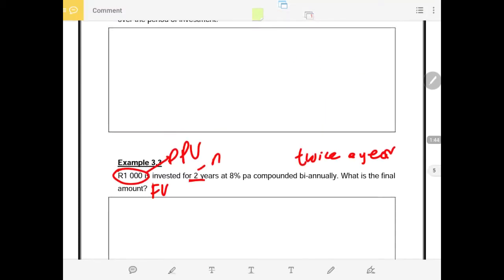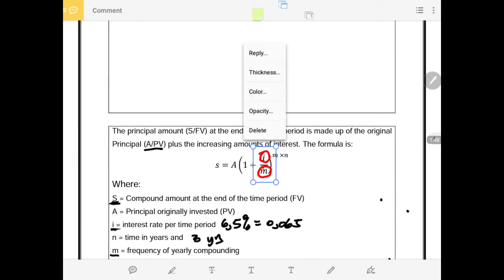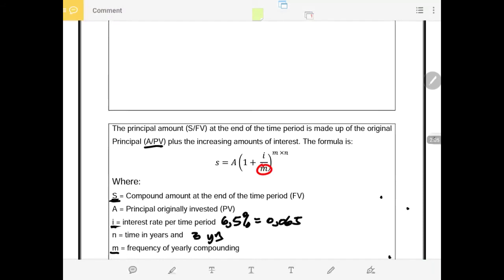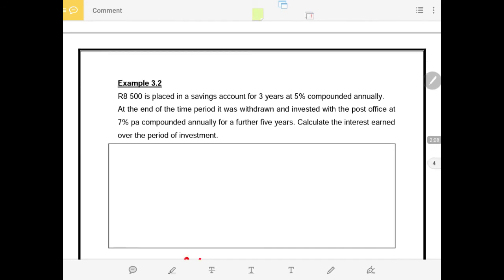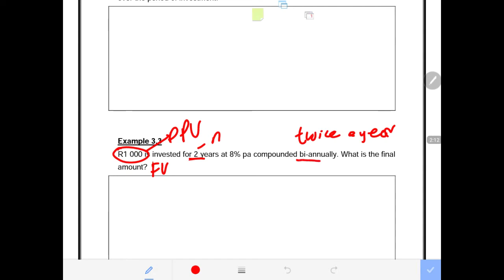And I want to highlight, as I mentioned to you in the formula, that the interest must be divided by m in the formula. Similarly, when we use the functions of the calculator, your interest must be divided by m, which is the number of compounds in a year, which in this case is 2, because it's compounded biannually, or 6 monthly, or half a year.